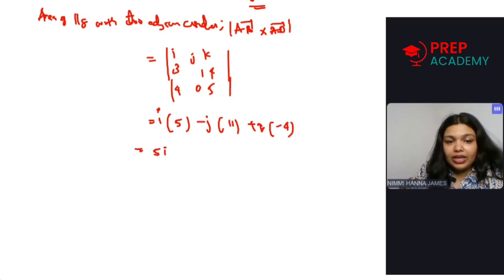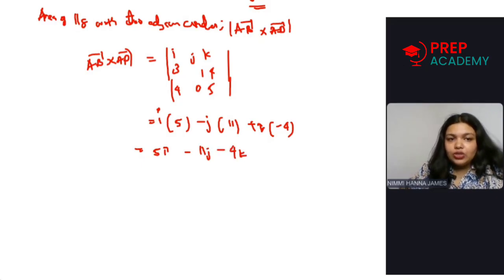Okay, so 5i, this is AB cross AD, minus 11j minus 4k. So we want to find the modulus of AB cross AD. The modulus of AB cross AD is the area.